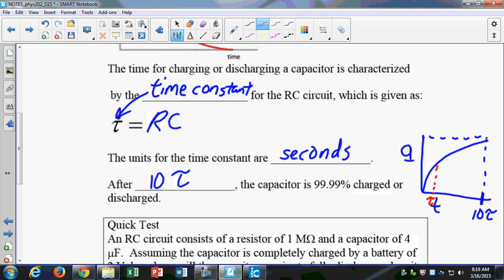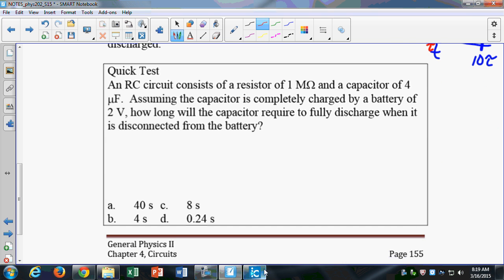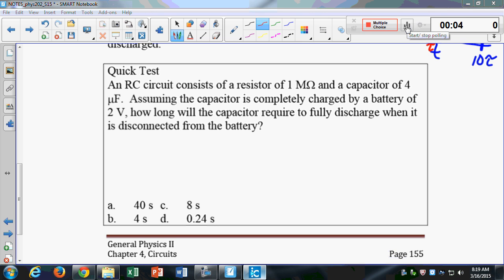All right, let's try this quick problem. Remember, mega is 10 to the 6, micro is 10 to the minus 6, in case you've forgotten.